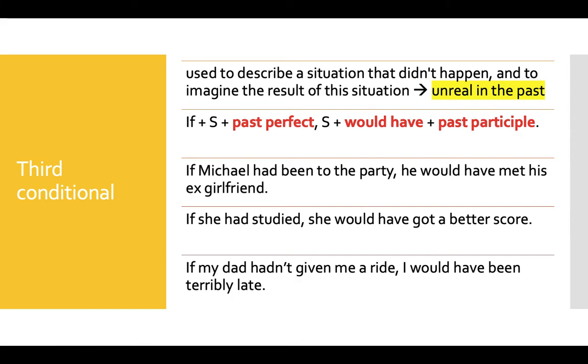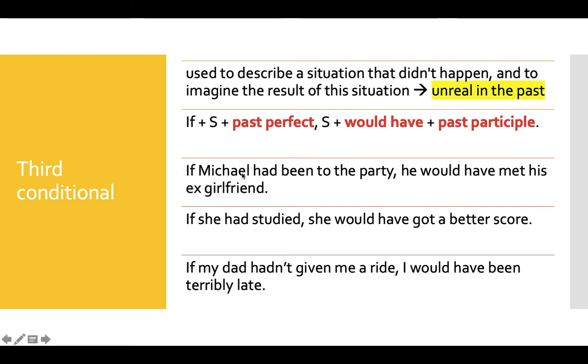In other words, we're talking about something unreal in the past. Please use this sentence pattern to form a third conditional statement. For the conditional clause, use the past perfect. And for the result clause, use would have followed by a past participle.